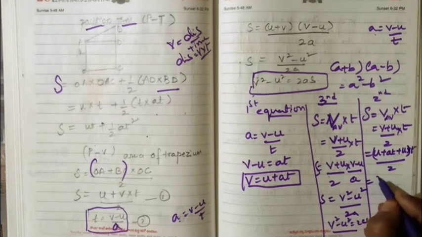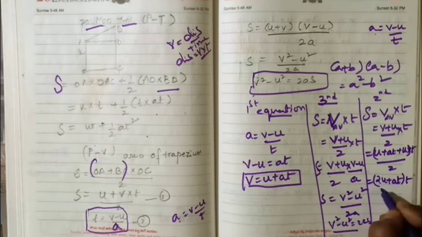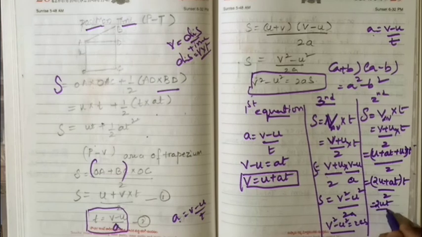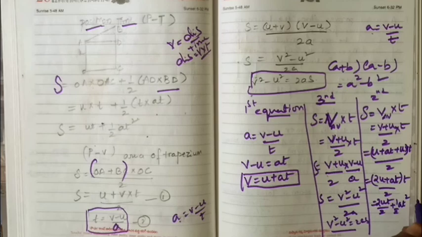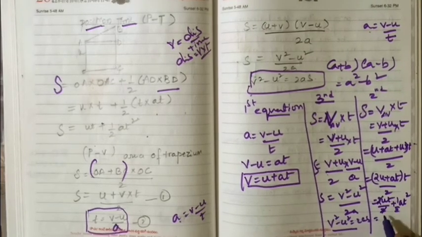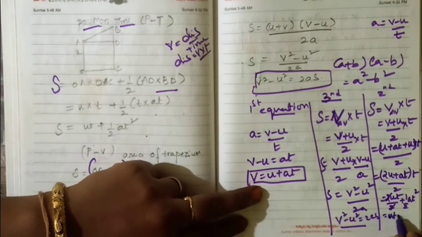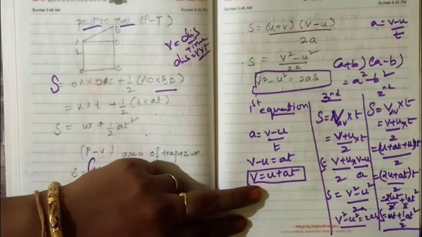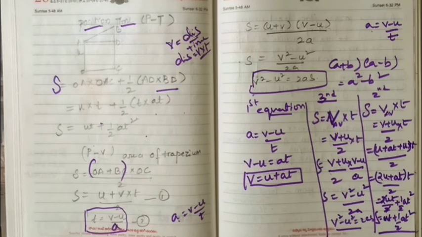U plus U will be 2U plus AT, into T by 2. Now we will just open the brackets. We get 2UT by 2 plus half AT square. So 2 and 2 will get cancelled. We will get UT plus half AT square. So S is equal to UT plus half AT square. So simply we can solve the three equations of motion using the algebraic method.